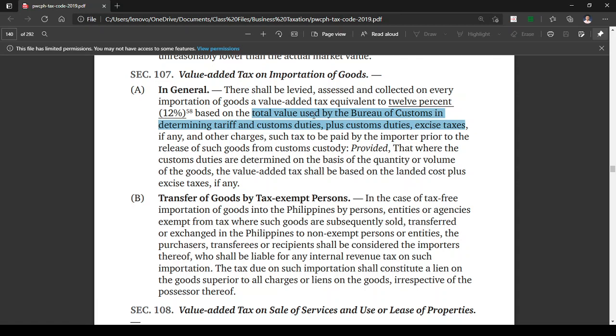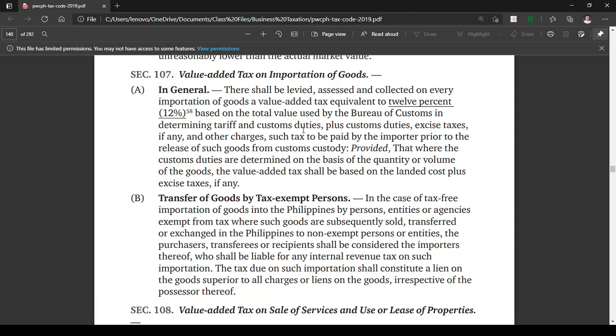So after natin makuha ito, for example, let's say na merong isang business na nag-import ng, let's say, rice. So meron isang business na nag-import ng bigas dito sa Pilipinas.